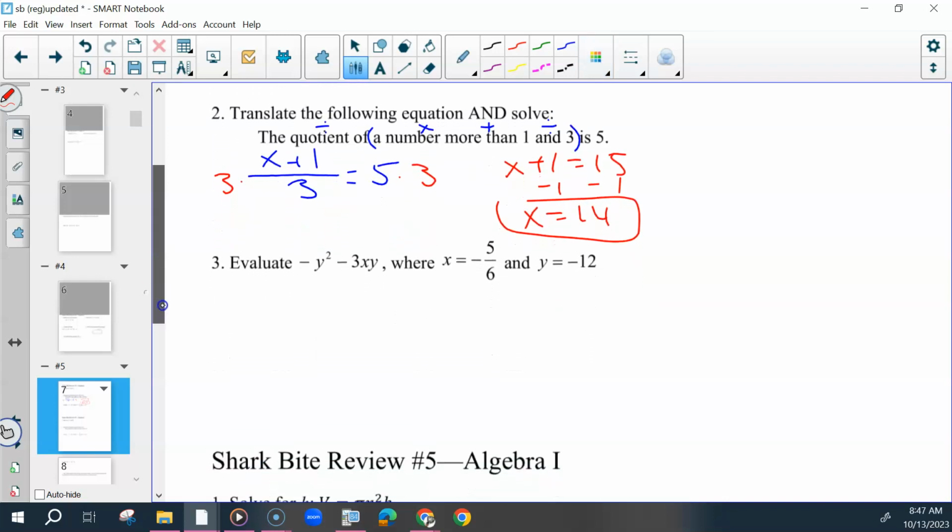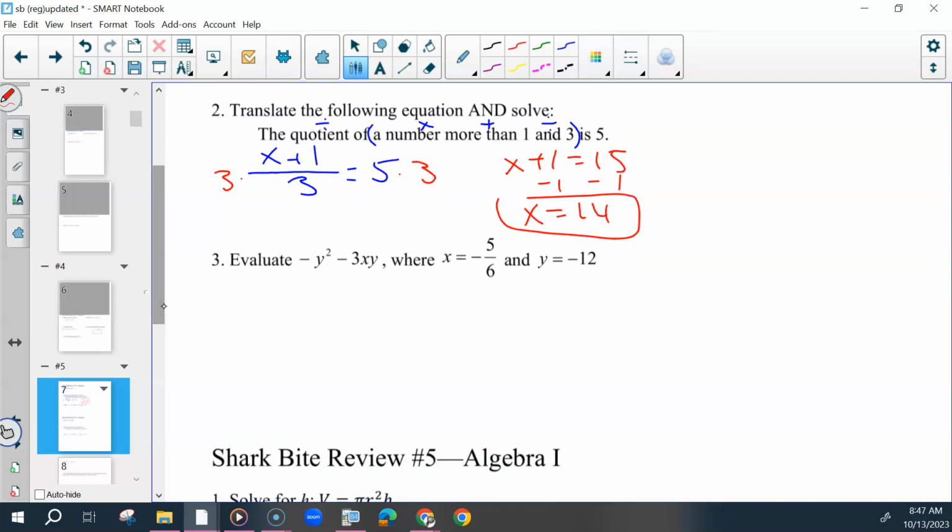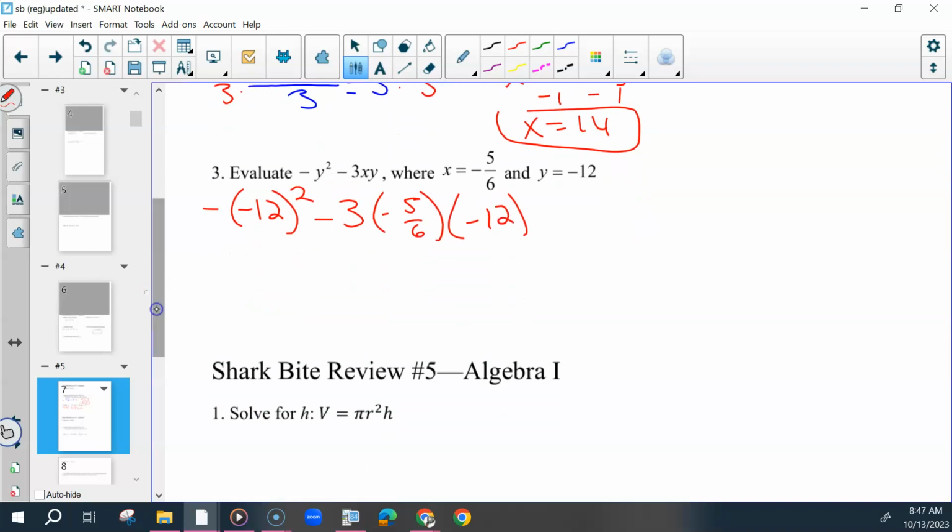Number 3, also previous material, evaluating. So we're going to put x and y into all of the x's and y's. So we'll have negative, in parentheses, negative 12 outside of the parentheses squared, minus 3 times negative 5, 6 times negative 12. And then start to simplify. So I'm going to do each piece.